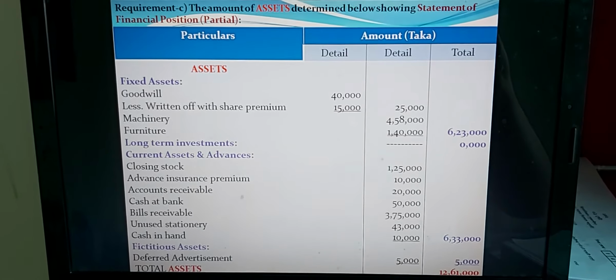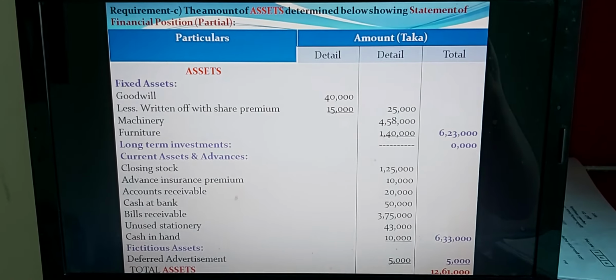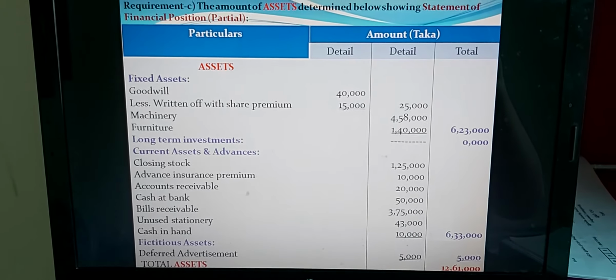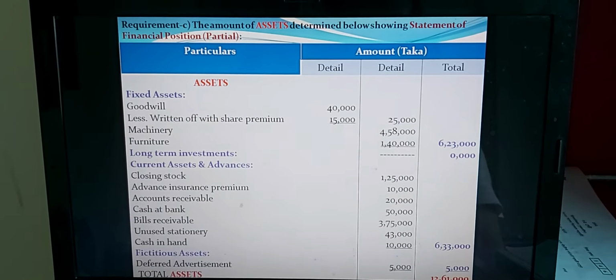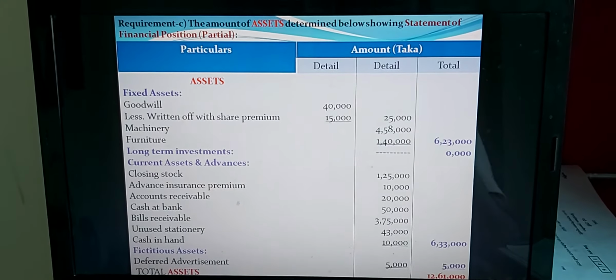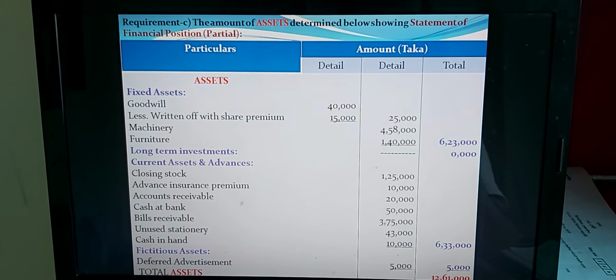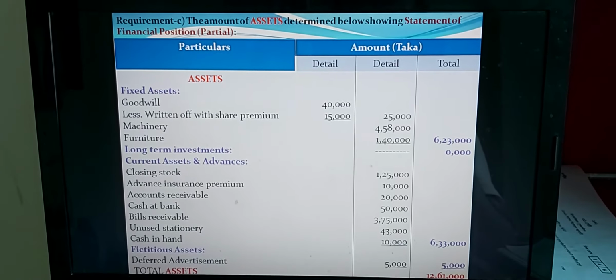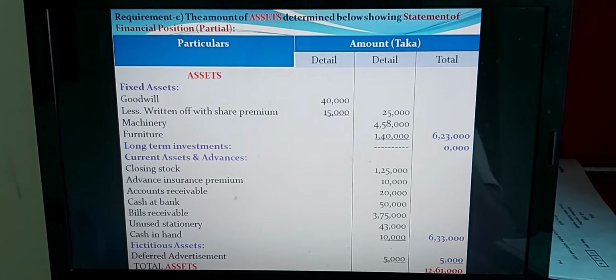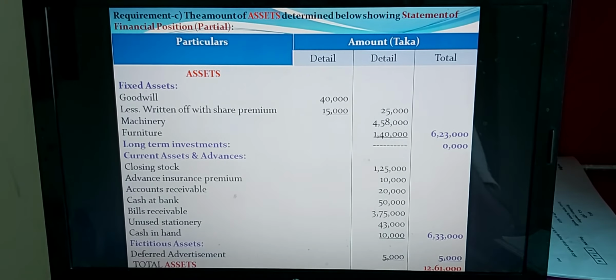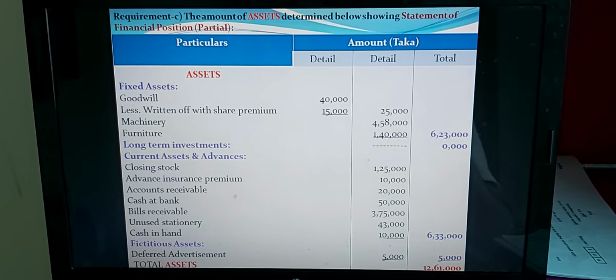First one, closing stock from trial balance 1,25,000 in middle column. Advance insurance premium taka 10,000 from trial balance. Accounts receivable taka 20,000 from trial balance. You have to write it in middle column.